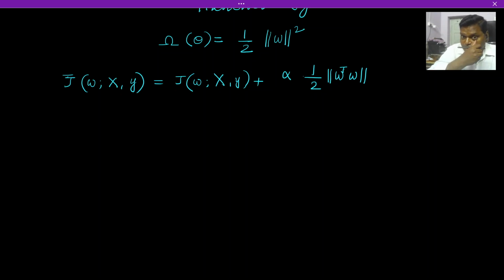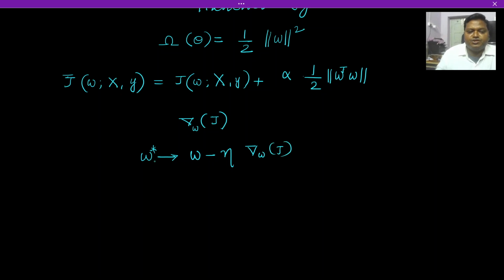And you know that we need the gradient to be minimum. If you remember the perceptron learning, we calculated the gradient of the cost function, del J over del W, and we calculated the weight update as W new, or W star, equal to W minus learning rate eta times the gradient of J. This was the weight update without any regularization term.